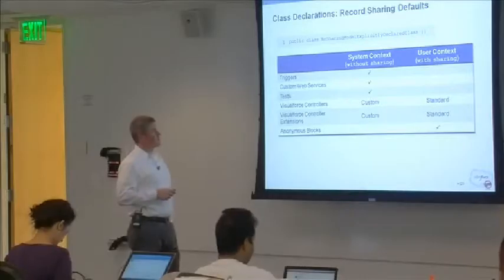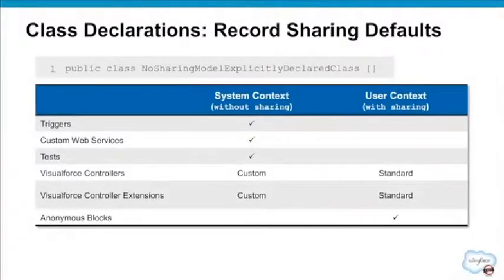Visualforce controllers, it kind of depends on whether you're doing a custom controller or using one of our standard controllers. Standard controllers run in user context and respect the sharing model. Custom controllers do not. Controller extensions, same thing, whether or not they're standard or custom. And then an anonymous block always executes in user context, and so it always respects whether or not you have access to those records.